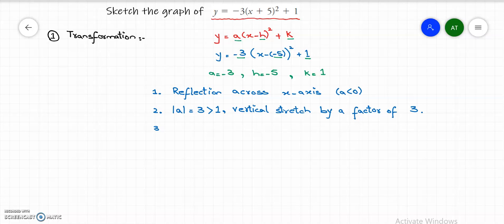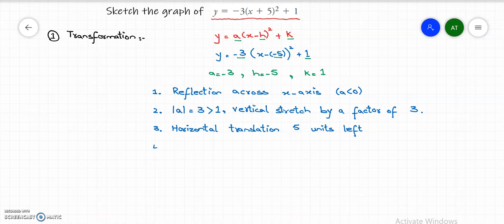Now the third transformation deals with the h value. The h value is basically the horizontal translation. Horizontal translation can be to the left or right depending on the sign of h. Since the h value is -5, we have a horizontal translation 5 units left.